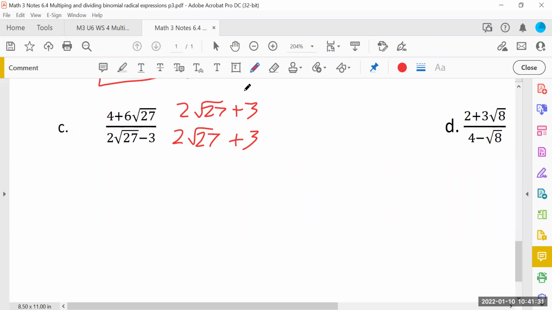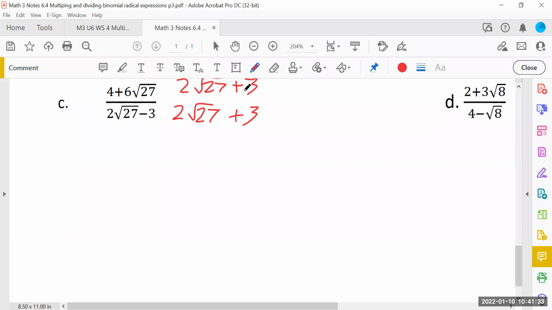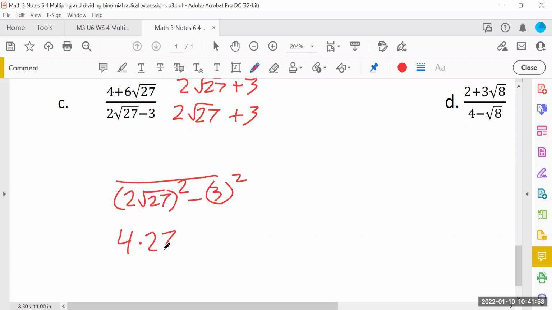Does everybody understand though, the bottom of this, here's the one thing that I will show you. The bottom is going to end up being 2 root 27 squared. So that means when I do that, 2 root 27 squared minus 3 squared, right? It's always minus. This is going to become 4 times 27 minus 9 on the bottom.